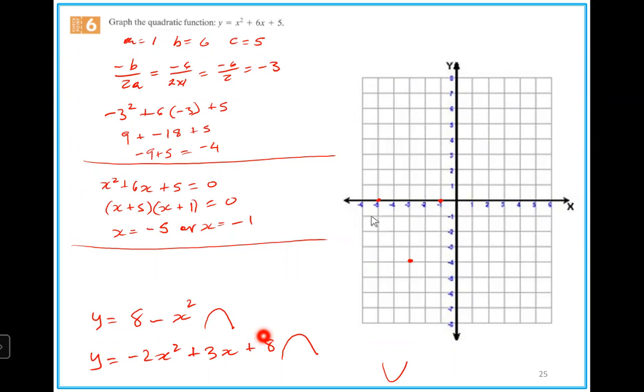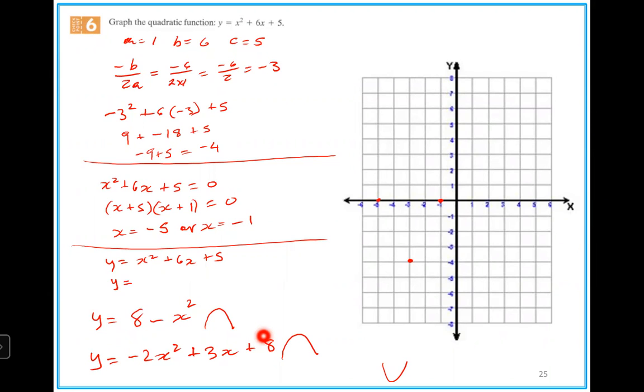So y equals x squared plus 6x plus 5. If x is equal to 0, what are you going to have now? If x is equal to 0, we're just going to be left with +5. Oh, you went straight to the point. I wanted you to tell me.